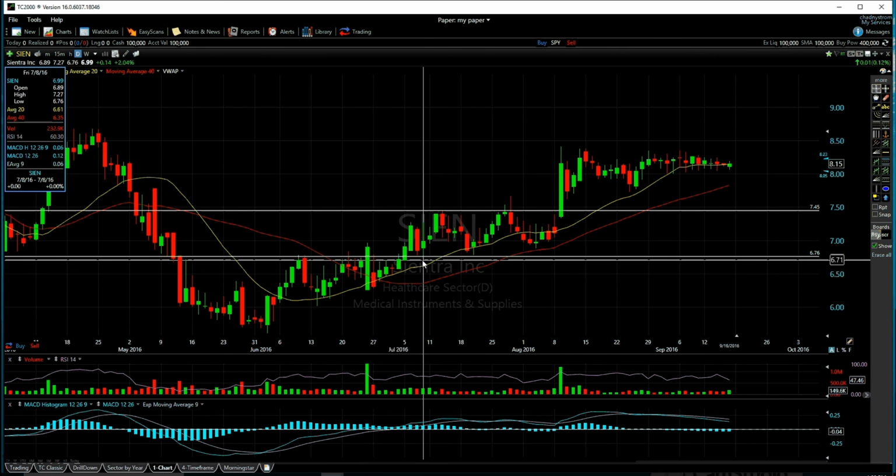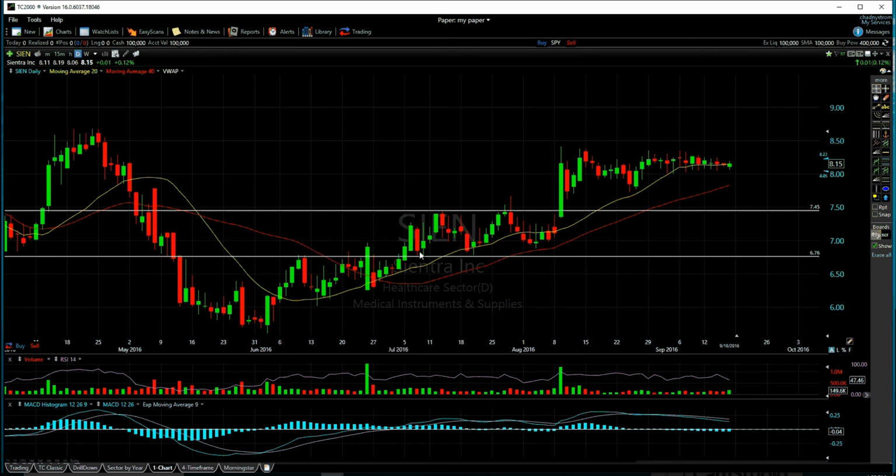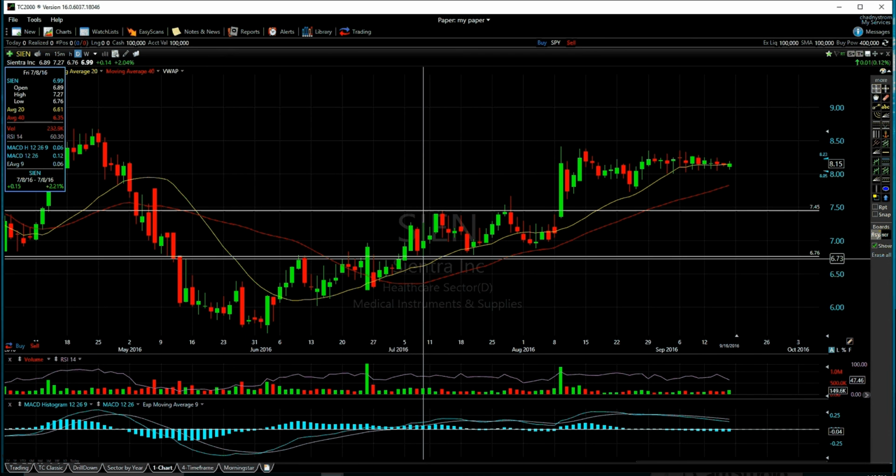So if we're looking to buy here around 676 around support, and then swing this for 3-4 days for a good 50, 75 cent a share profit, we know that we can sell this if it breaks the support line very close to it.